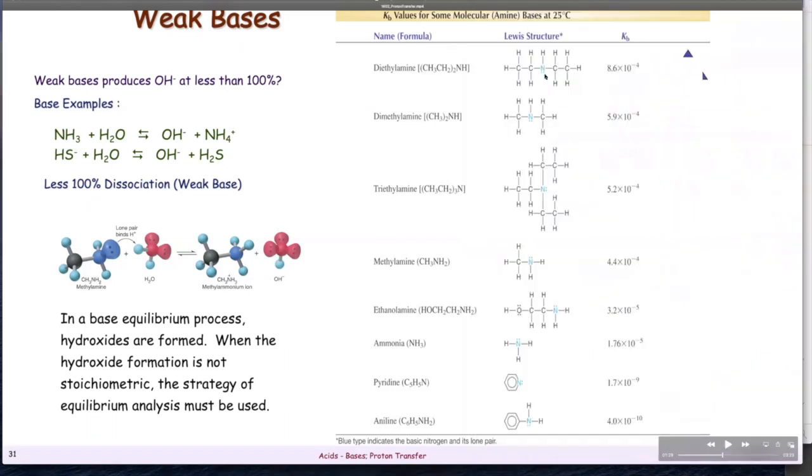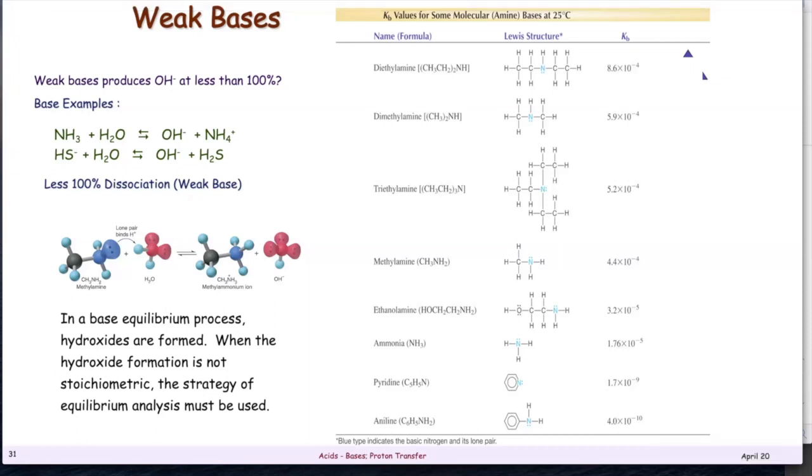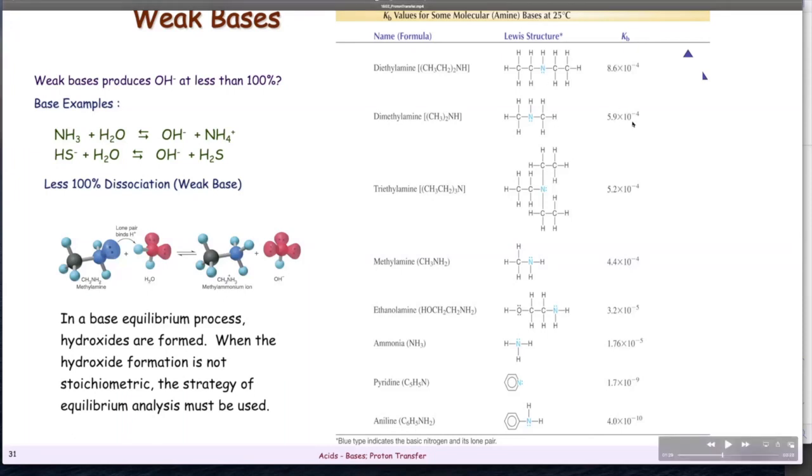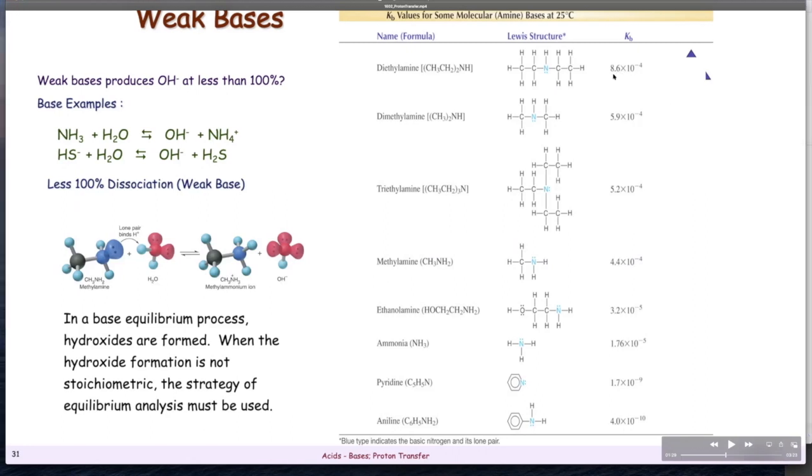Notice that all of these chemicals have a lone pair on the nitrogen or some site in their structure where the hydrogen can anchor, because that's the definition of a Lowry-Bronsted base. It's a chemical that accepts a proton. And what we have is a Kb right here. Why?